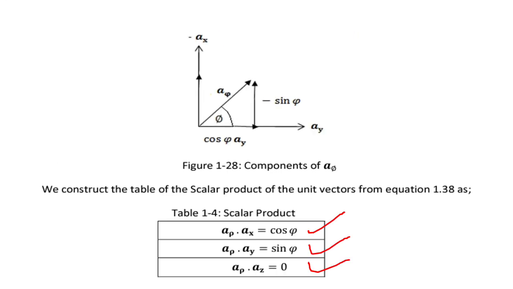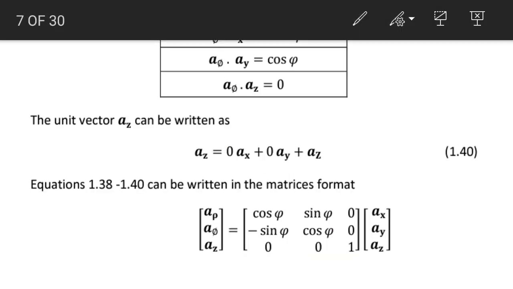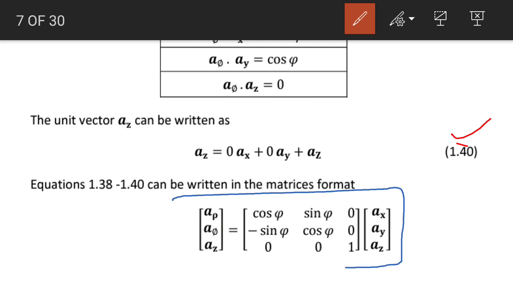And then we consider equation number 40, which is az, and az is equal to 0 ax plus 0 ay plus az. So we consider all these three equations in matrices format. So in matrices format, these three equations can be written as: we have the unit vector a rho, the unit vector a phi, the unit vector az.